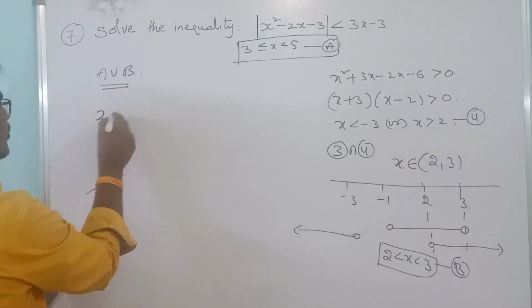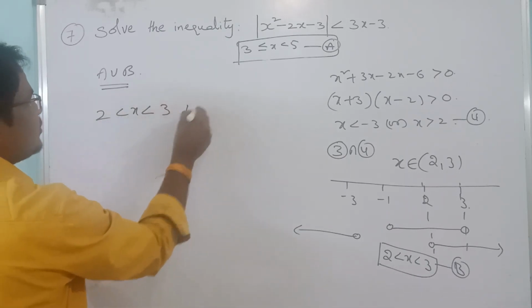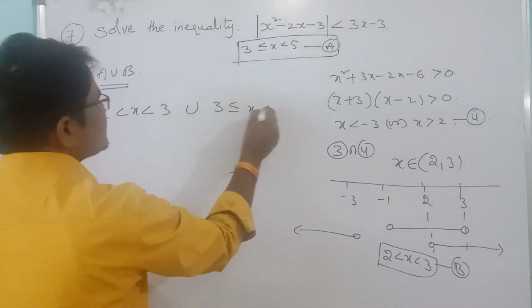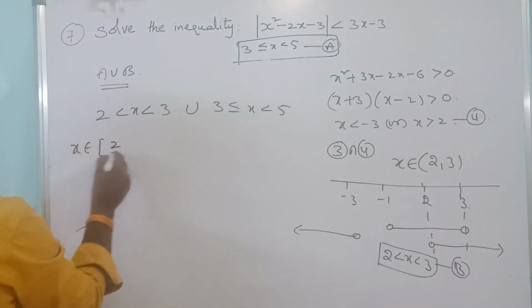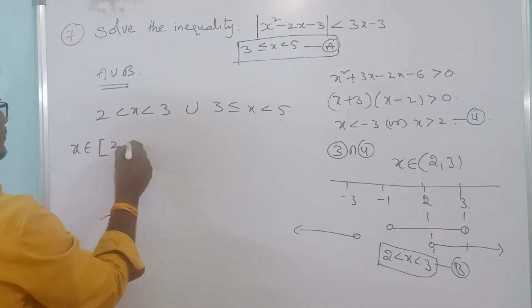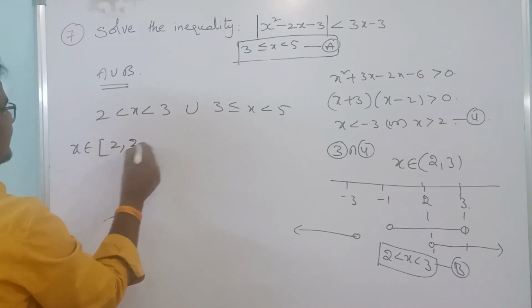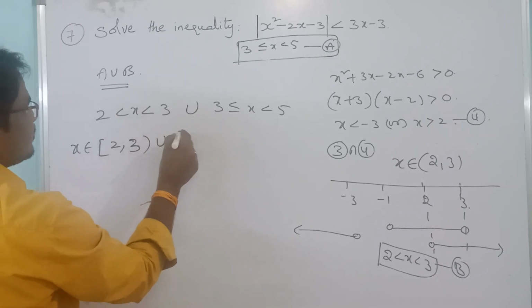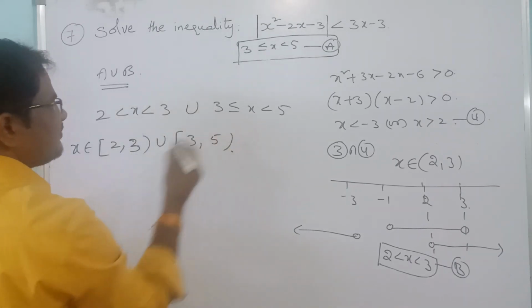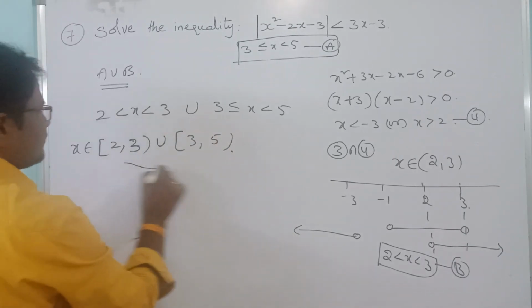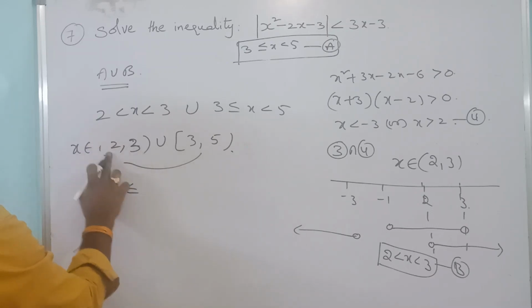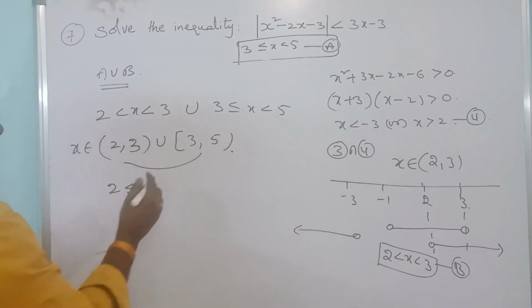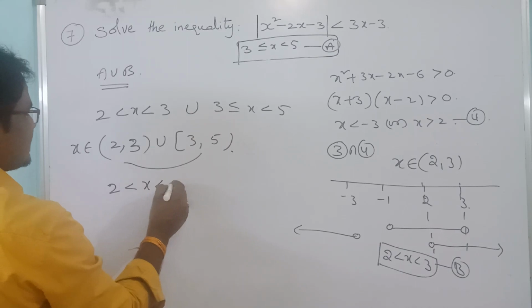That is, 2 less than x less than 3 union 3 less than or equal to x less than 5. That is, x belongs to the open interval 2 to 3 union the closed interval 3 to open interval 5. So finally we write it as 2 less than x less than 5.